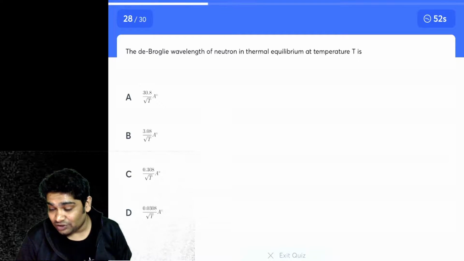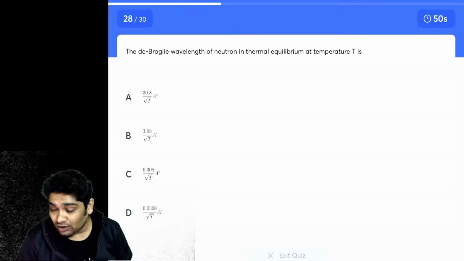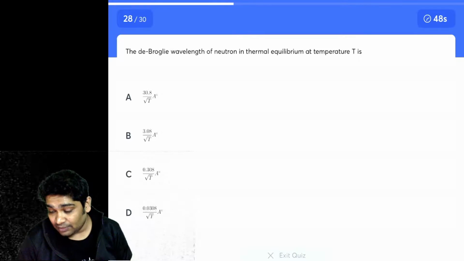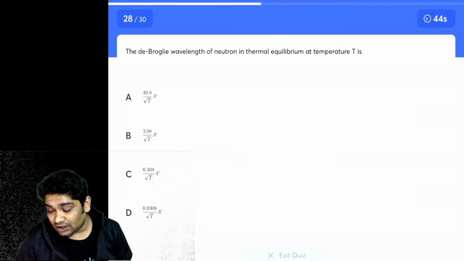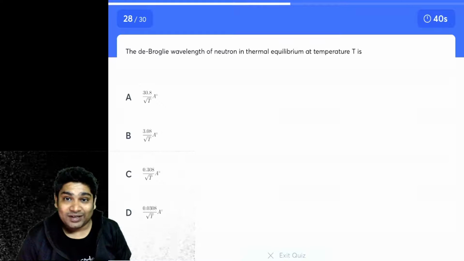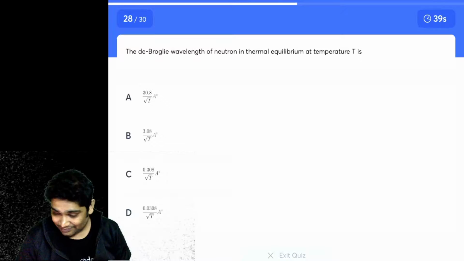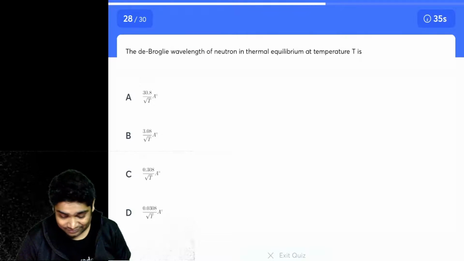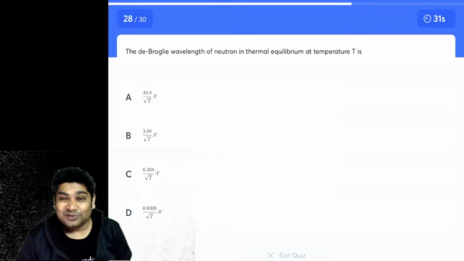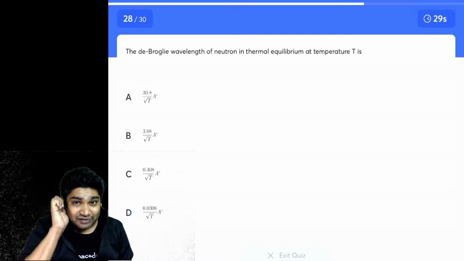Is it B, 3.0208 over root T angstrom? Is it C, 0.038 over root T angstrom, or is it D, 0.0308 over root T angstrom? You will need to do a little bit of calculation here.